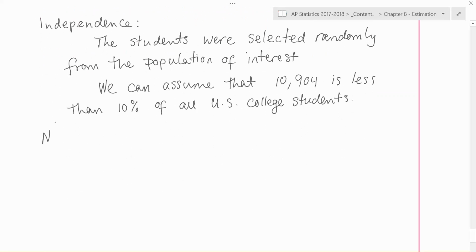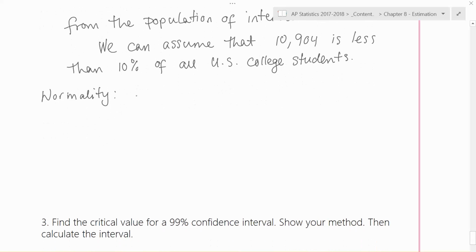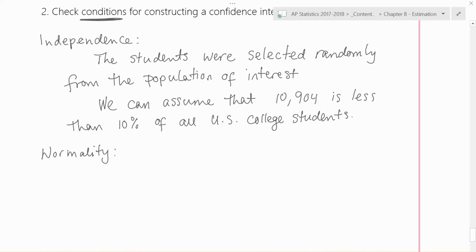And then we have to check for normality. So we're checking normality here. And this is where we have to check the large counts condition. So basically, we have assumptions and conditions. We're assuming independence, we're assuming normality, and then the conditions that we check are ways to allow us to make those assumptions.